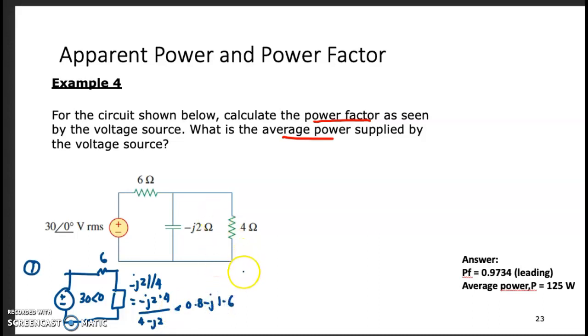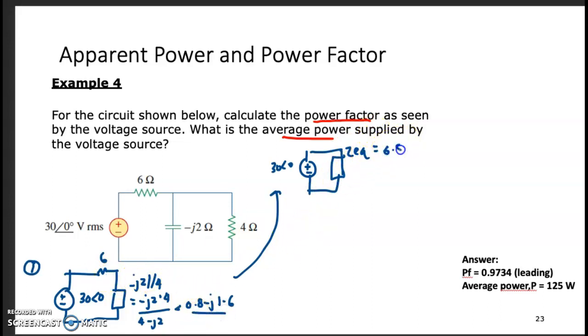Then continue to simplify it, so it becomes 30 angle 0 and Z equivalent. Now 6 and this one are in series, so you just add them together: 6.8 minus j1.6.